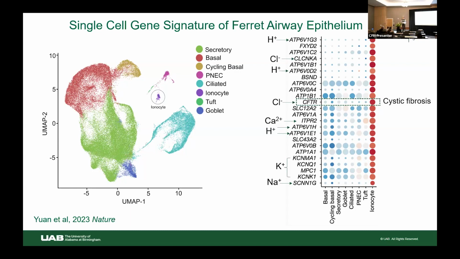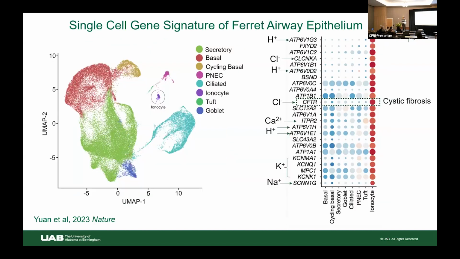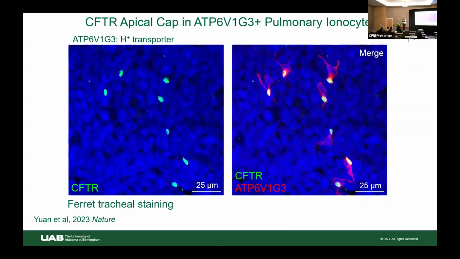Next, we checked a few transporters by protein staining, because the study I just showed was all at the gene expression level. We checked a few ion transporters: one is the proton transporter, and the other is CFTR, the chloride transporter associated with cystic fibrosis.